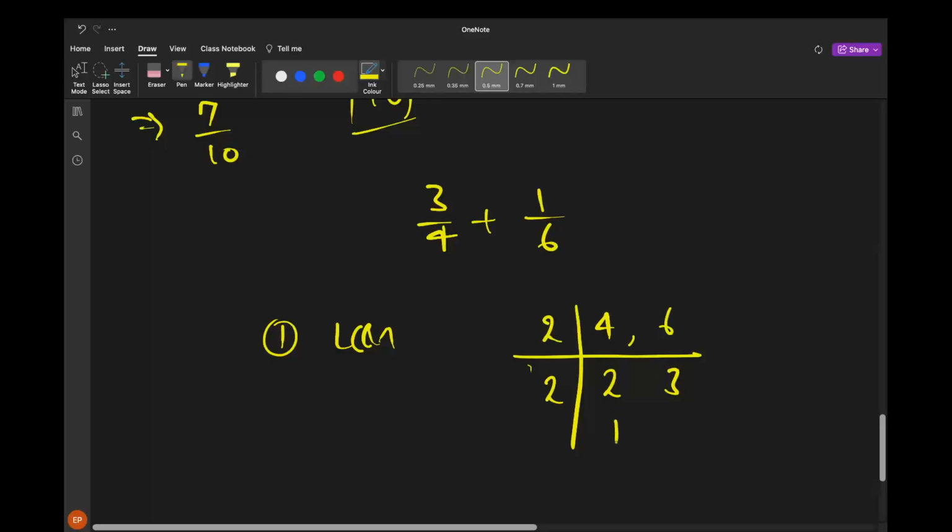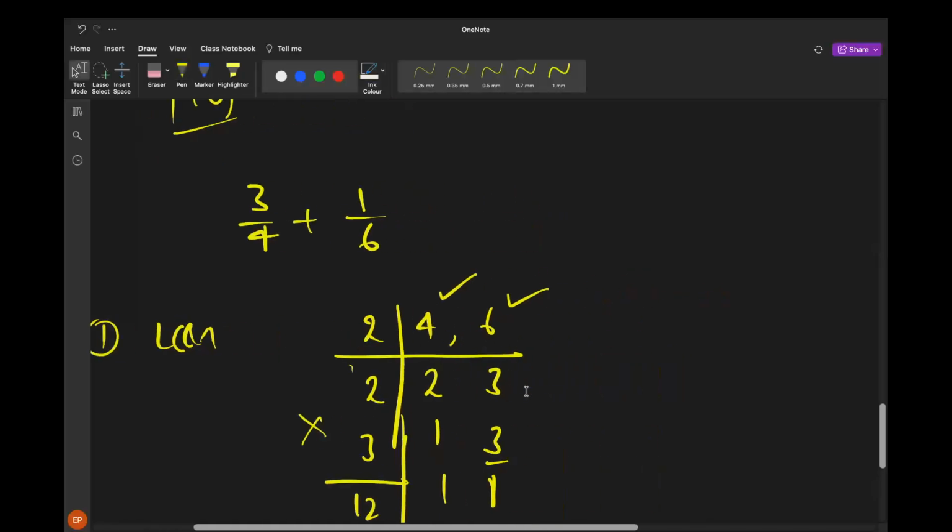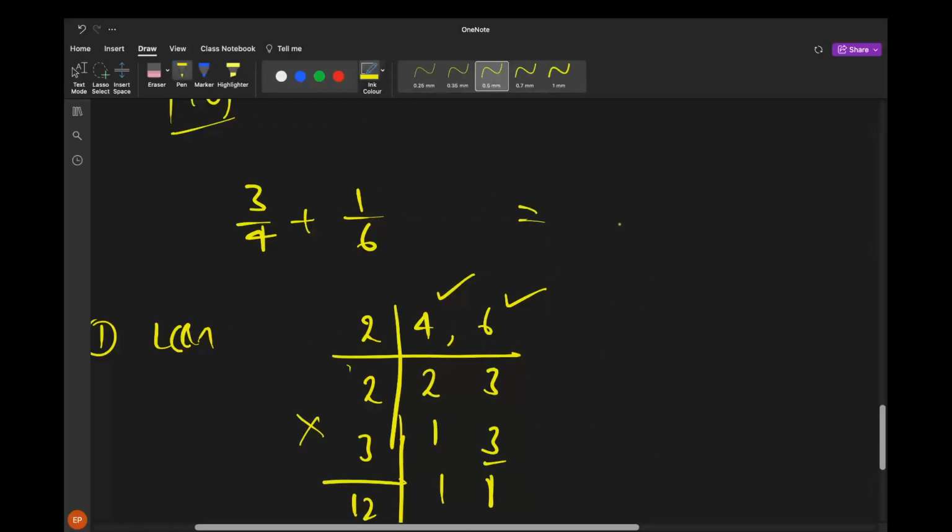Again 2: 2 2s are 4, 2 1s are 2. We can't divide further, so continue the same number. We are done with this number, right? We are left with only this 3. So 3 1s are 3. Here we got 1 and 1, so we are done with both numbers. Just multiply these numbers. 2 2s are 4, 4 3s are 12. So LCM is 12.